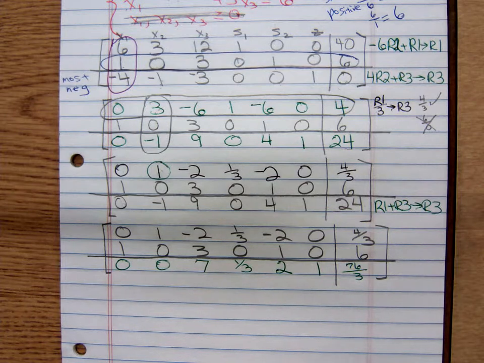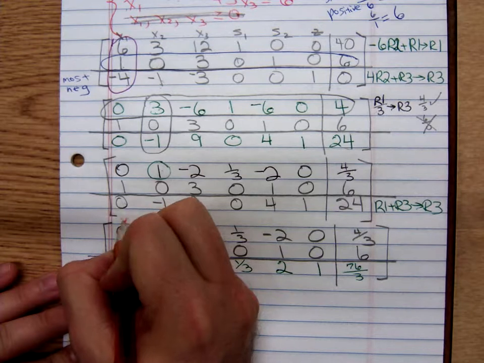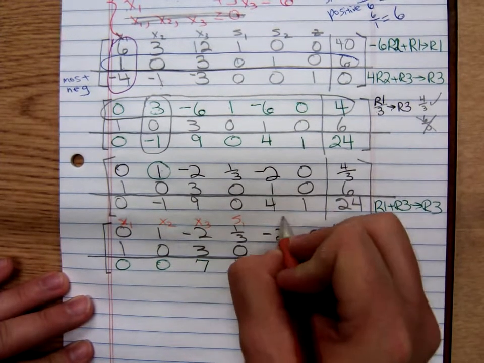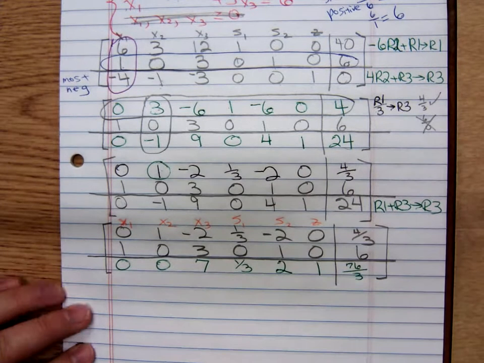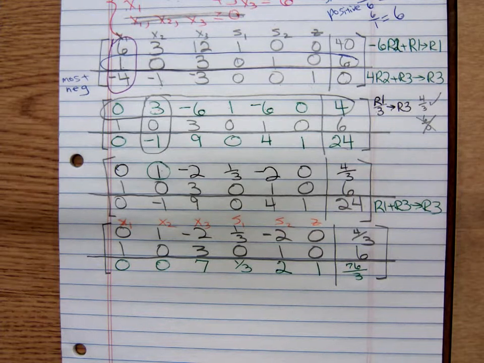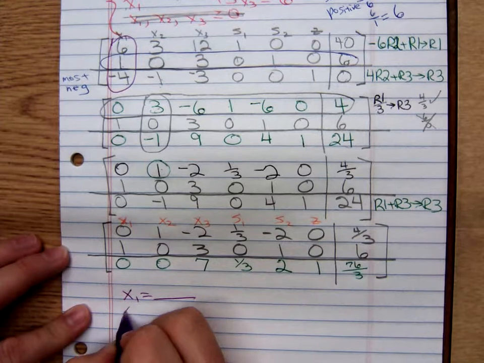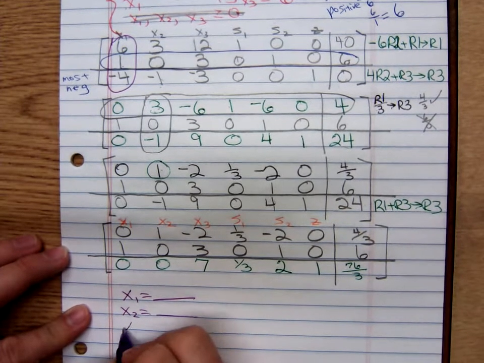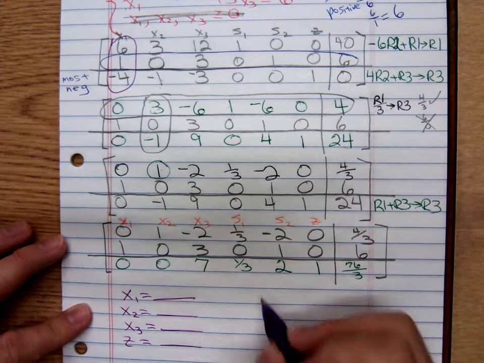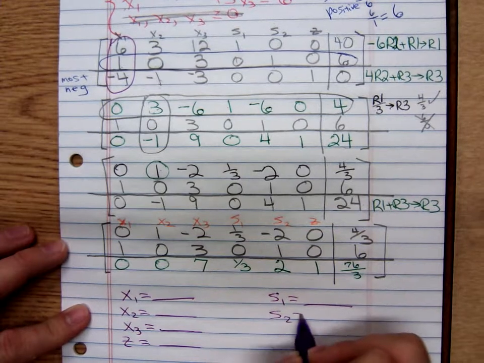So we need to interpret our matrix. Remember how the columns were labeled: X1, X2, X3, S1, S2, and Z. So we had X1, X2, X3, and Z, and we had the slack variables, slack 1 and slack 2.